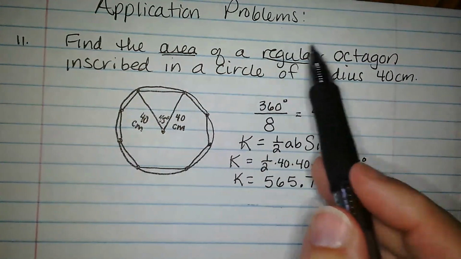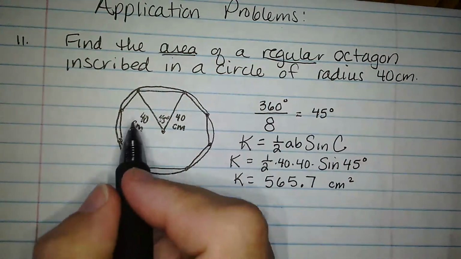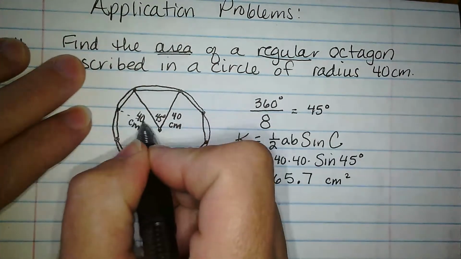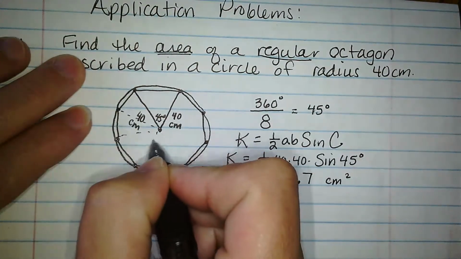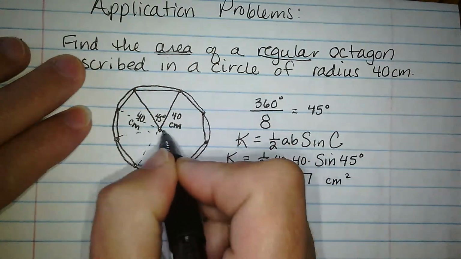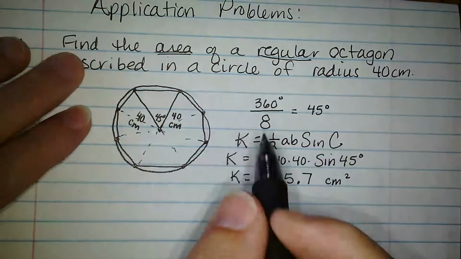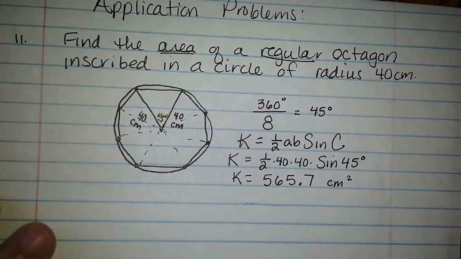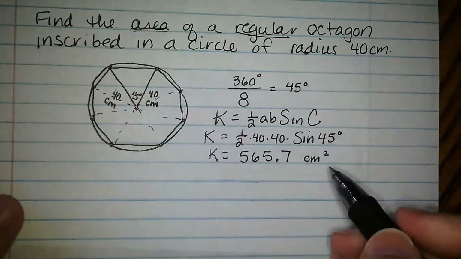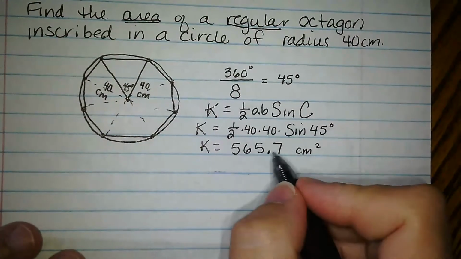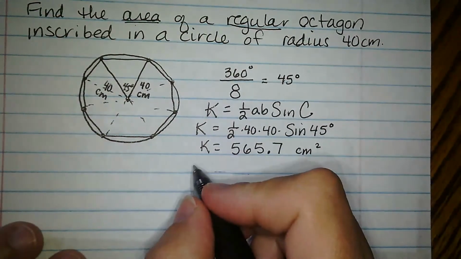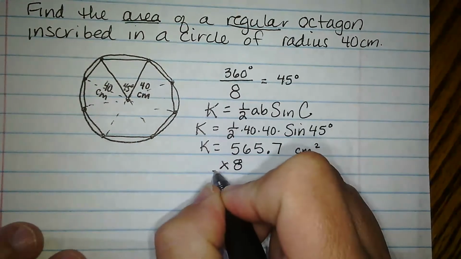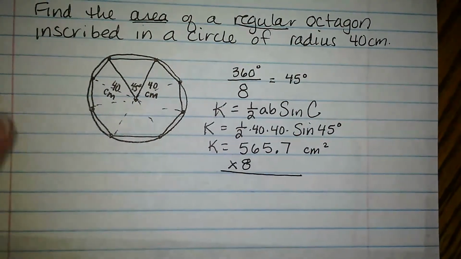And because it's a regular octagon, that means that if I keep making them, if I keep connecting them, here's one, here's one, here's one, here's one, here's one, here's one, I'm going to have 8 equal slices. 8 equal slices, which means that I have to take this area of one of them and multiply it by 8 to get the area of the entire octagon.